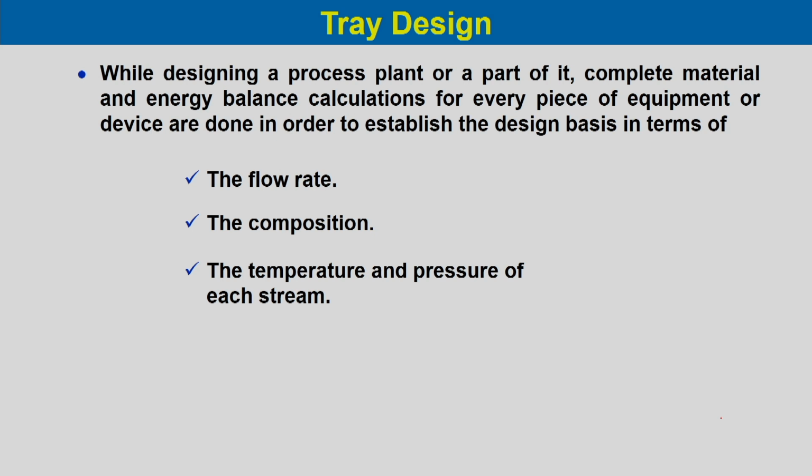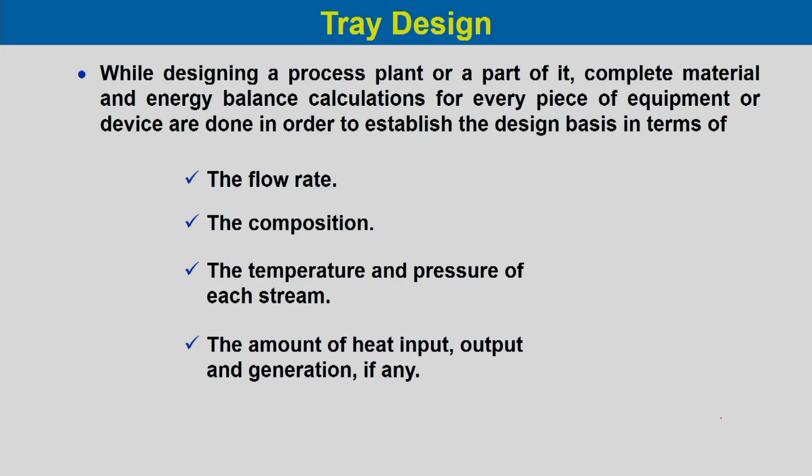For each stream we should know the temperature and pressure conditions, and the amount of heat input, output and generation if any, because of any chemical reactions or so. So, these parameters should be available to do the detailed material and energy balance for a particular process plant.